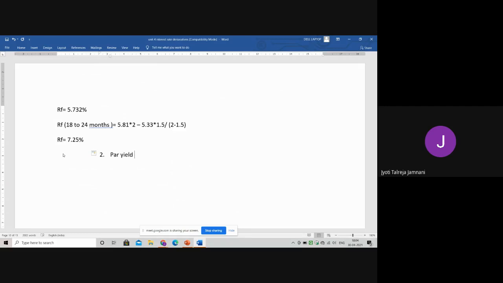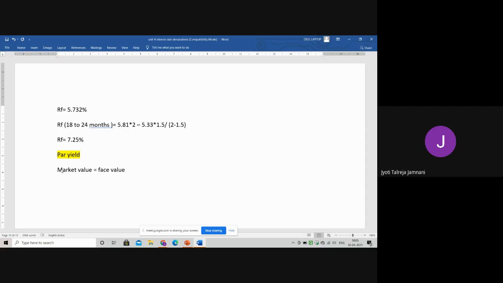How to find par yield? Highlight it here. In par yield, we have to see that the market value equals the face value of the bond.